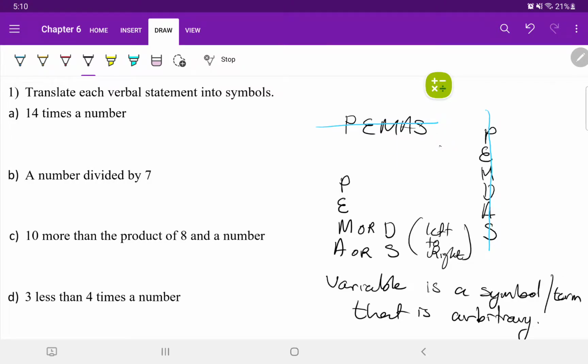So for 1a, when it says 14 times a number, I am multiplying the number 14 with some number. Because the number is arbitrary, we're going to use a variable. Usually we use x. 14 times x, which is 14x.